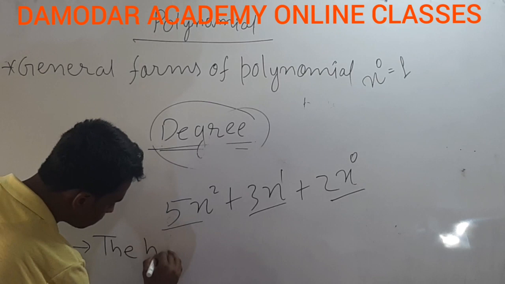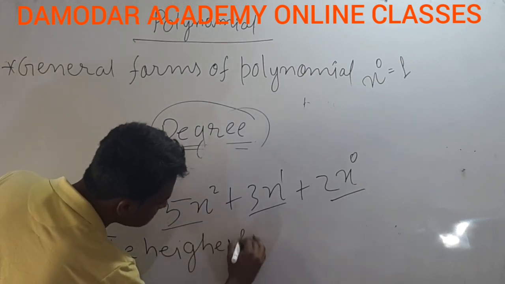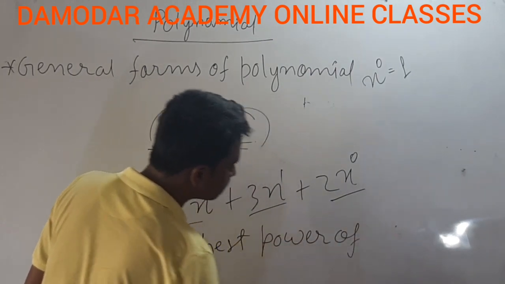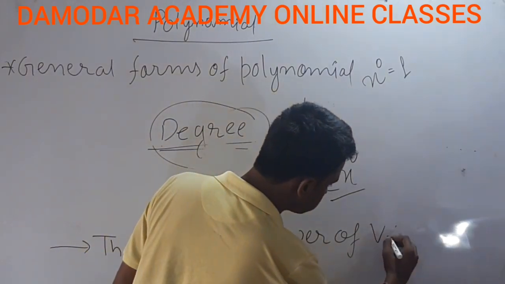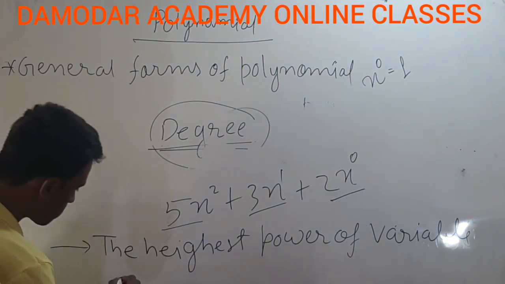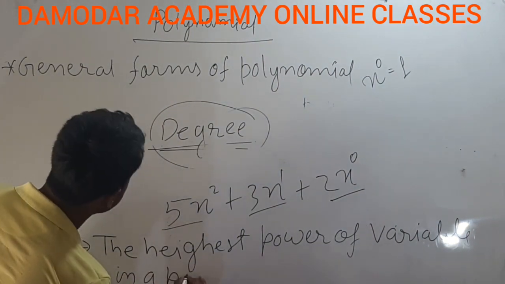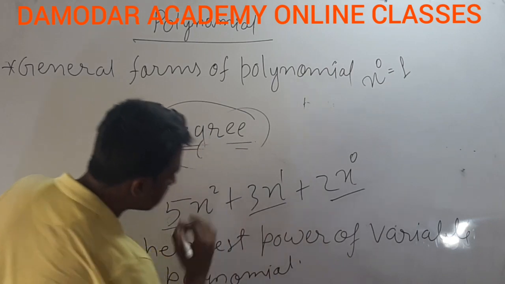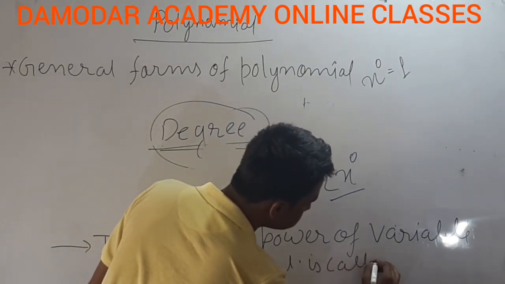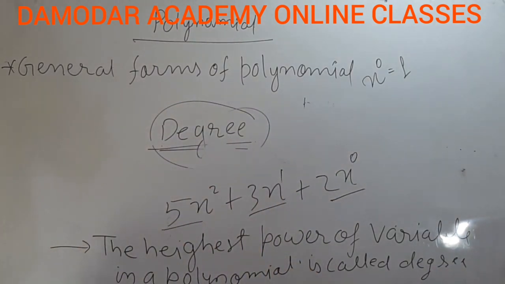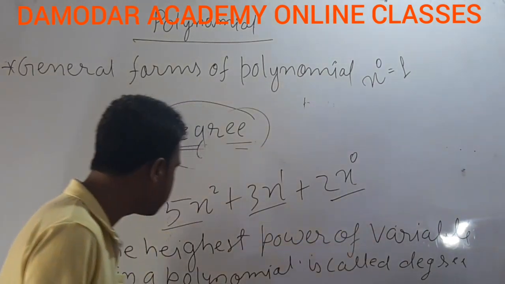The highest power of variable in a polynomial is called degree. Okay? If someone asks you what is degree, my dear students, the highest power of variable in a polynomial is called degree.